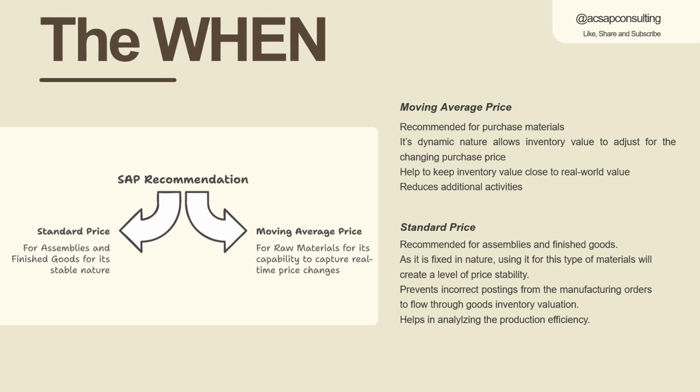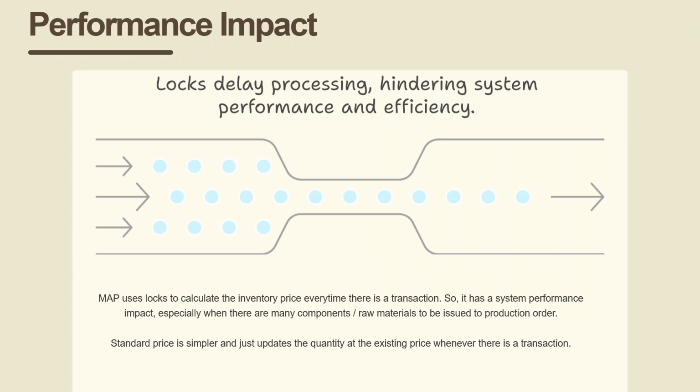Whenever there is a change on the purchase side, that will also immediately impact the price of the garment listed in the store so that they do not incur losses. So, depending upon the industry, there can be a change in how you are treating the price control of a material. Can you imagine that the price control also has an impact on the system performance?